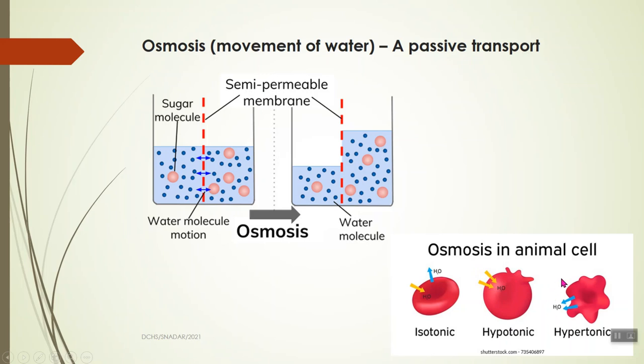And if there is too much salt outside, the water will leave the cell and the cell will shrink. This is the way water goes in and out of the cell. And this doesn't happen just through the lipid bilayer; there are some protein channels that control the movement of water across the membrane. We call them aquaporins.